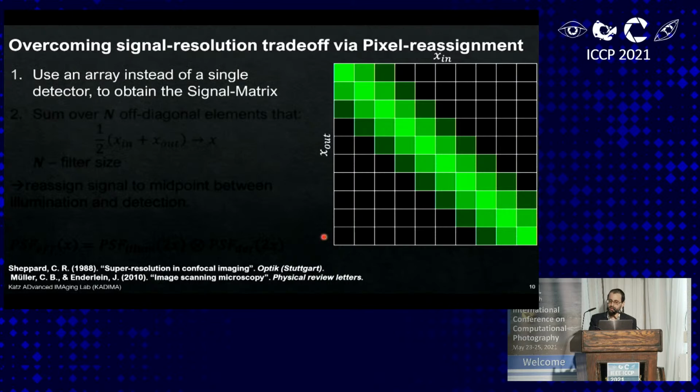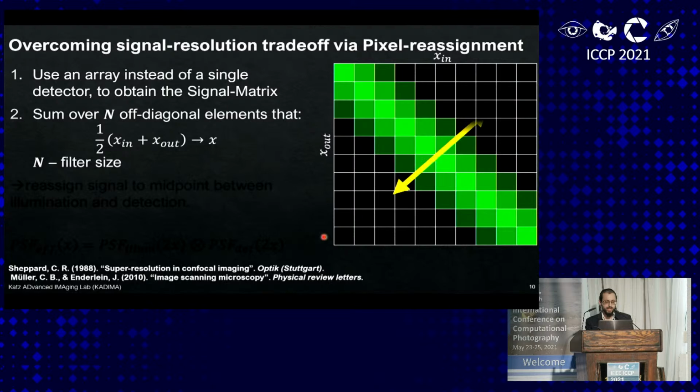First, use an array instead of a single detector, and that allows us to obtain the entire signal matrix. And as you have the signal matrix, sum over n off-diagonal elements, where n is our filter size, and we're using a filter because elements that are far from the diagonal will have less signal and probably will contribute less to the improvement. We will observe later the effect of filter size over the improvement.